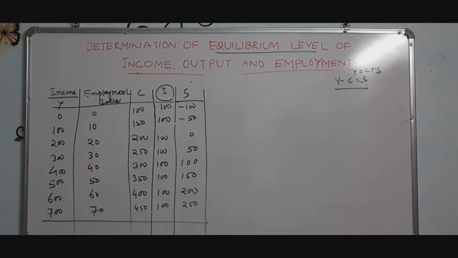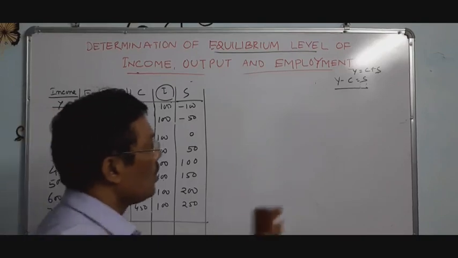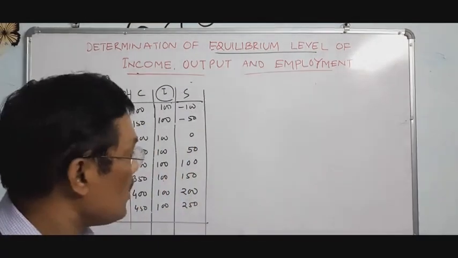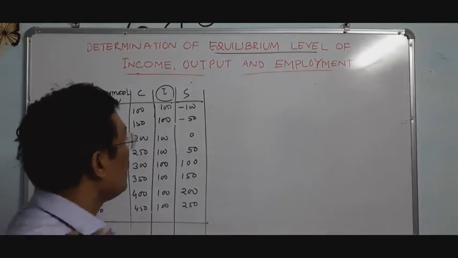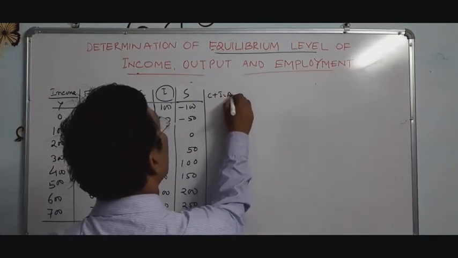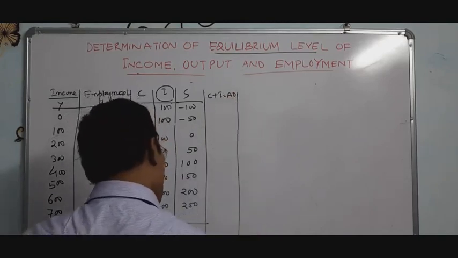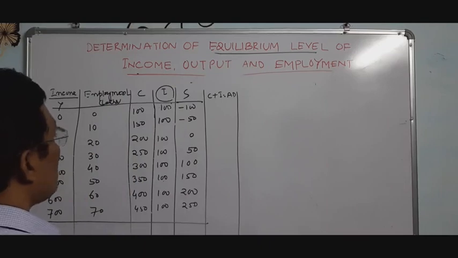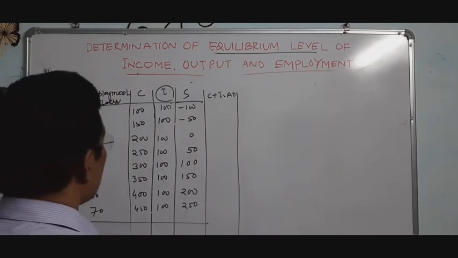So, as per what we have already known, aggregate demand equals consumption plus investment. See it: consumption plus investment equals aggregate demand.